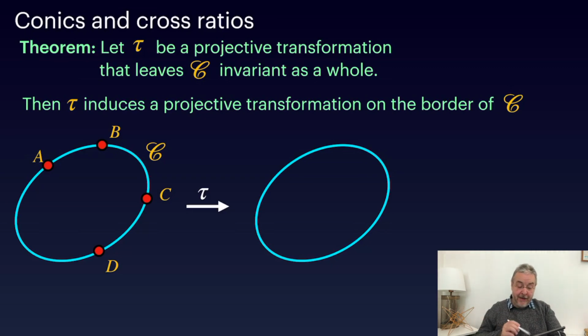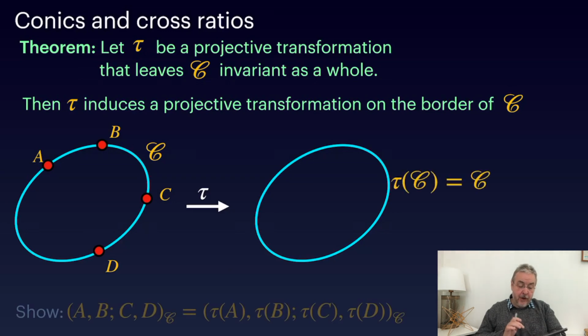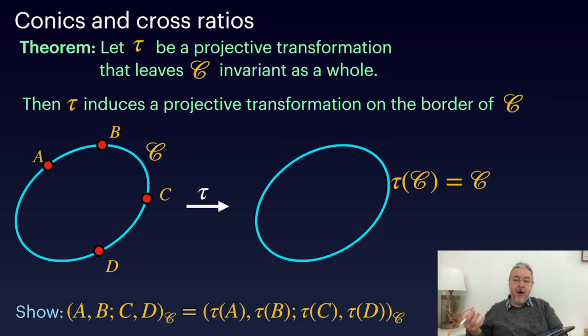So if you have that, your projective transformation will map your 4 points to some places. And what we want to show, if it is a projective transformation, is that the cross ratio of those 4 points remains invariant under that projective transformation, because this is exactly the criterion for any map being a projective transformation. We proved that in one of our earlier lectures.